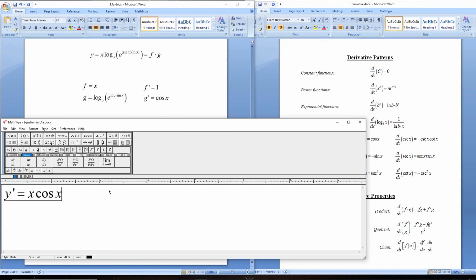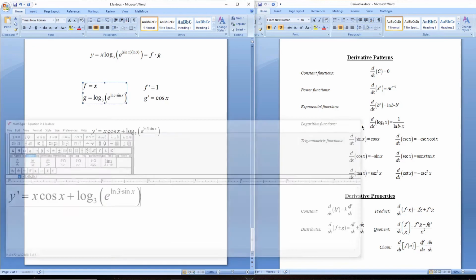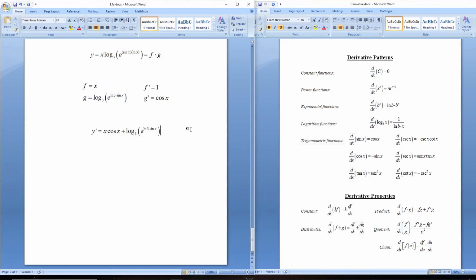I'm so anxious to copy and paste stuff. It's actually F G prime. So there's F G prime plus F prime, which is 1. And now here comes the G I can paste in there. And that's our answer. Nothing to simplify there.